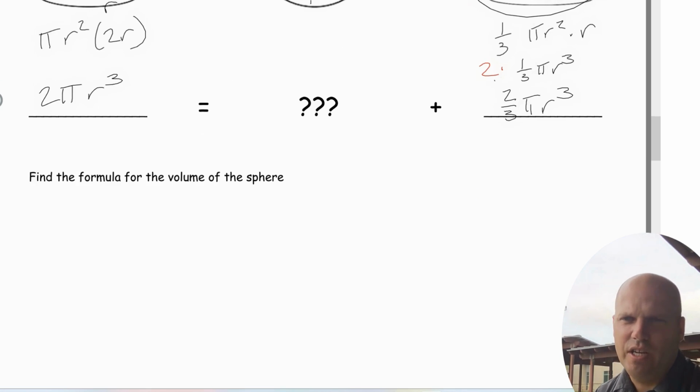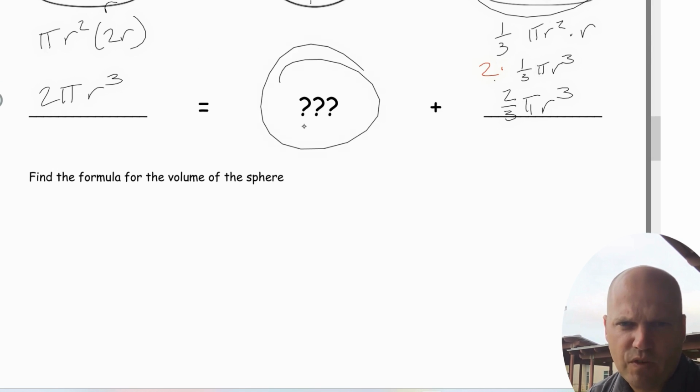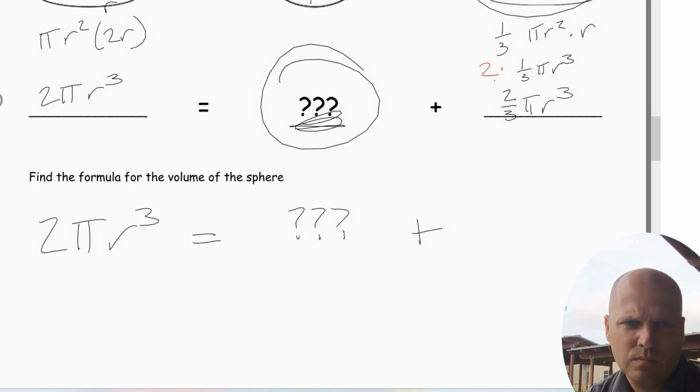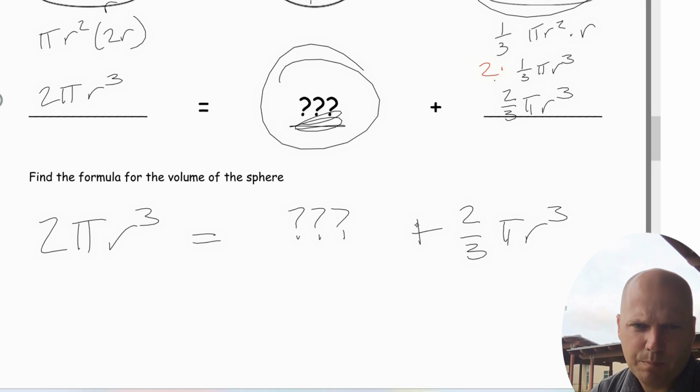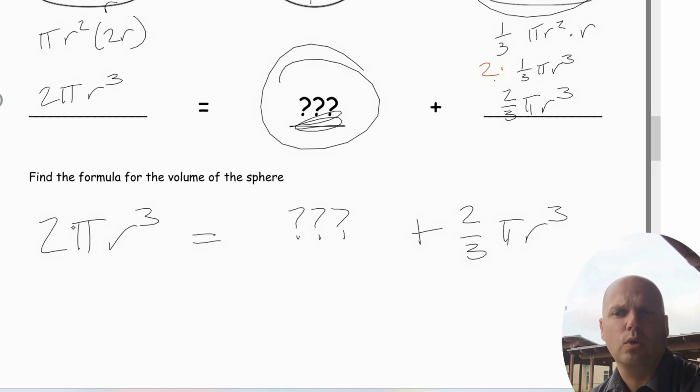Well, now the question is, what is the formula for the volume of the sphere? Which we don't know, and maybe you remember it from middle school, but you didn't really know why. What must this be if this plus 2/3 pi r cubed equals 2 pi r cubed?